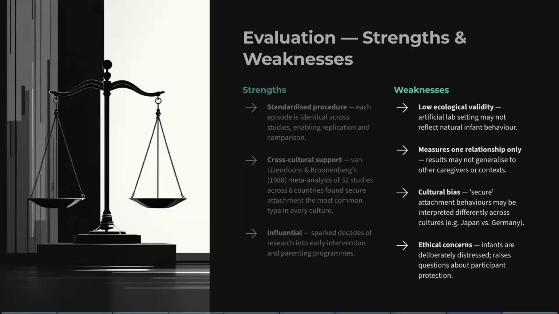In Japan, where infants are rarely separated from their mothers in the first year of life, even brief separation in the strange situation produces extreme distress, which gets classified as insecure resistant, even though this may simply reflect the cultural norm of closeness rather than an insecure attachment.